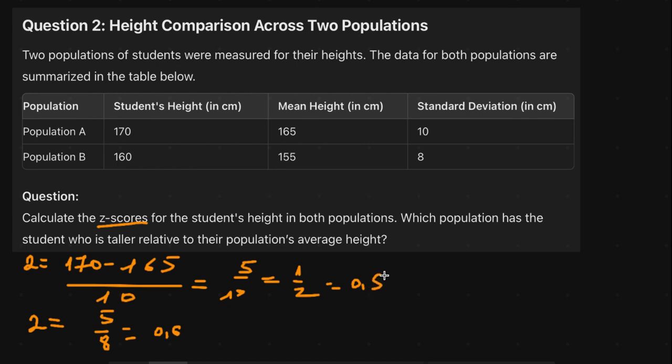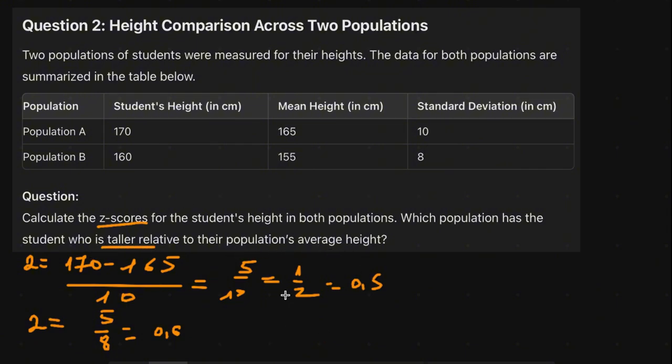What I'm seeing is that our question was which population has a student who is taller relative to their population's average height. So the student in population B has a taller height relative to their population's average height.